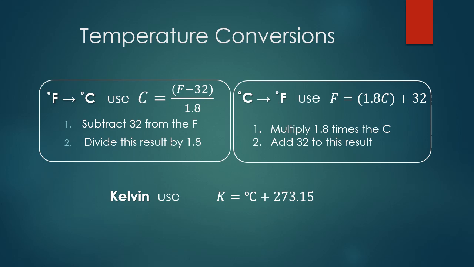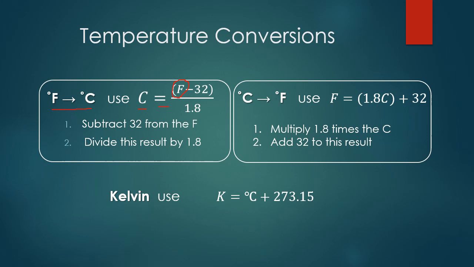So this first one, going from Fahrenheit to Celsius. To do that, you're going to use the equation where Celsius is equal to, where this F is, that's where you're going to put the Fahrenheit amount. So you're going to take whatever degrees Fahrenheit the problem gave you, subtract 32 from it, and then divide by 1.8.